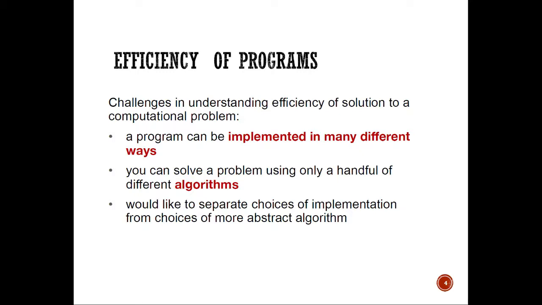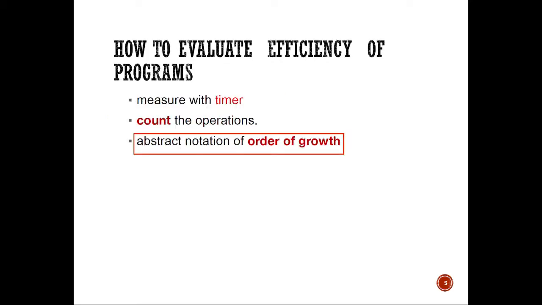We would like to separate the choices of implementation from choices of more abstract algorithms. Therefore, to evaluate the efficiency of programs, we have different potential methods, such as measuring with a timer, counting the number of operations, and an abstract notation of order of growth.